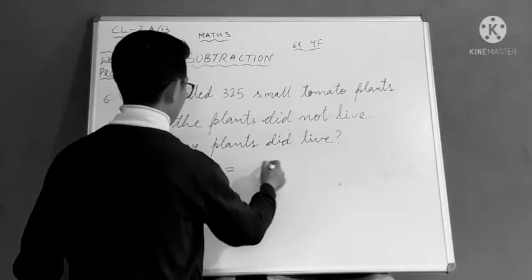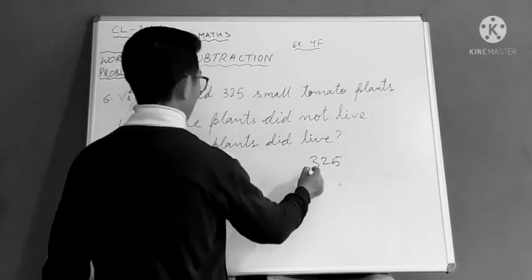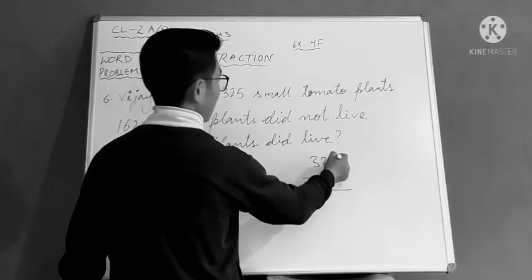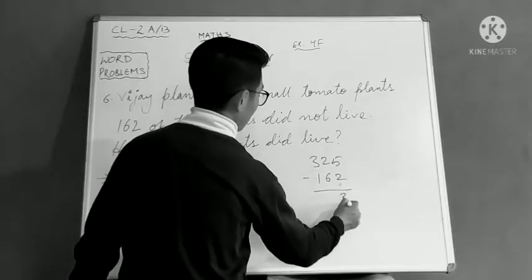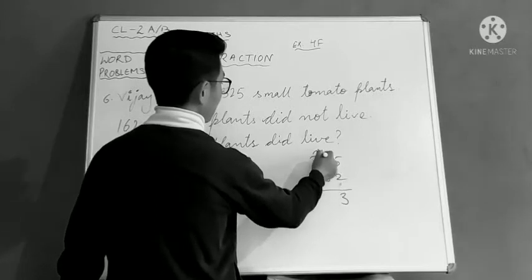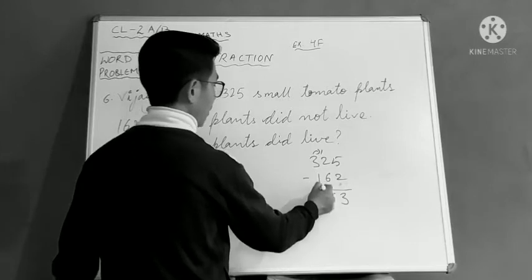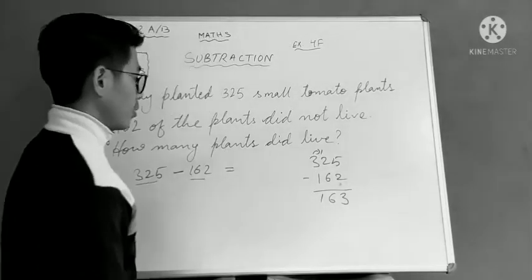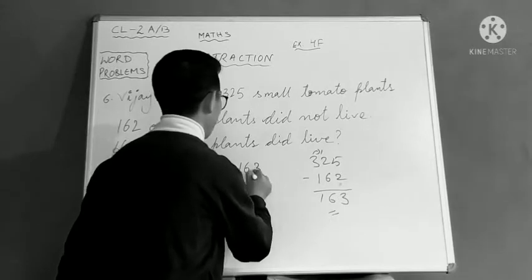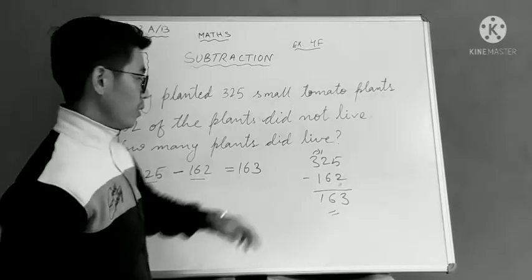Now you need to subtract 325 minus 162. Okay. 5 minus 2 is 3. 2 minus 6 not possible. Borrow 1. 12 minus 6 is 6. And 2 minus 1 is 1. So 163 plants actually lived.